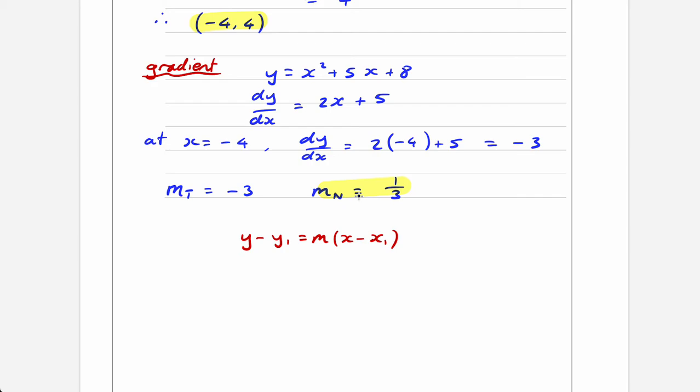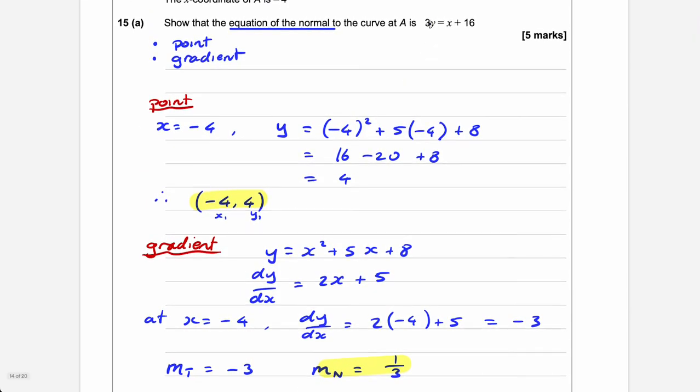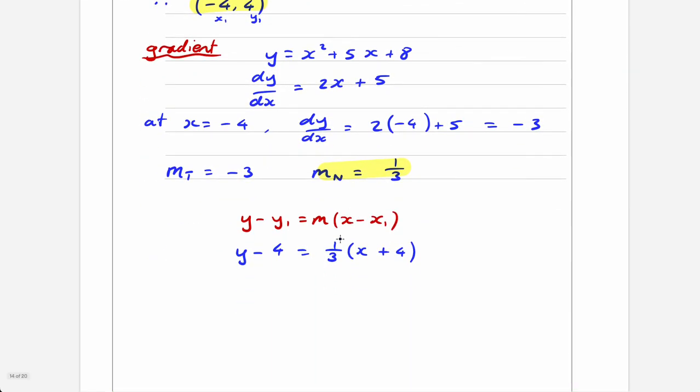Okay, we sub in the point, so it's y minus 4, because it's y1, this is your x1, y1, equals m, which is a third, into x minus -4, which is actually plus 4. Okay, now he wants it in this form, 3y equals x plus 16.